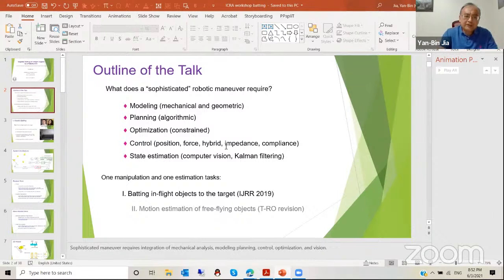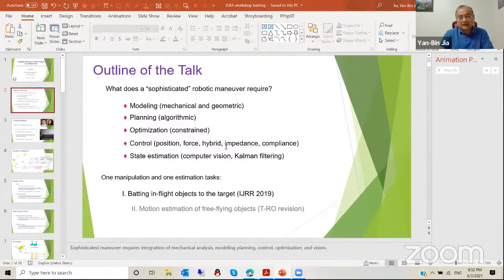And in order to carry this out, the backbone is some control algorithms. You use position, force, hybrid, impedance, admittance, all these kinds of controls. But then you still need to estimate the state, which means that sometimes you have to rely on computer vision using filtering techniques. So today I'd like to focus on the batting task.